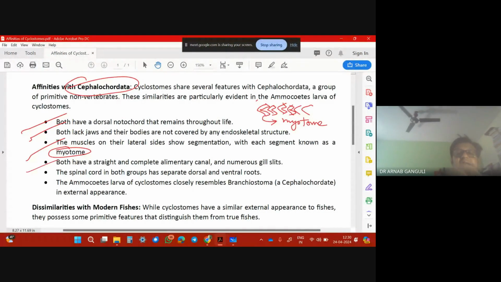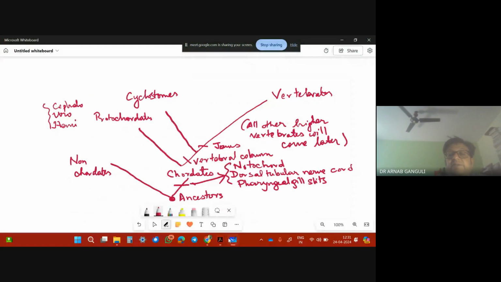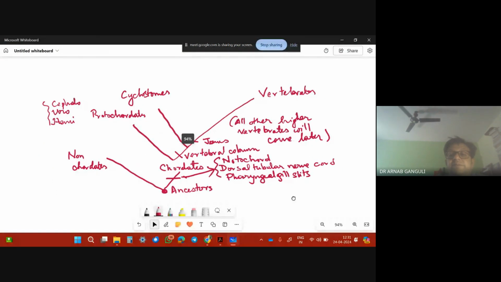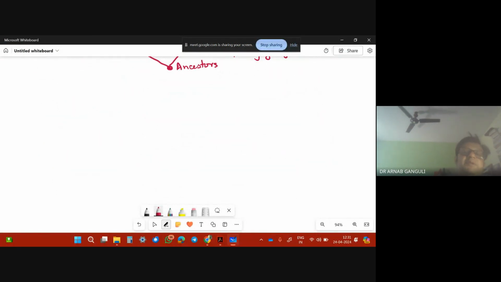Both have a straight and elementary canal system. So you have the pharynx, intestine, and there is no stomach. Directly it goes to a stomach-like region. There is a diverticulum over here. I have drawn this wrong, I'll draw it properly over here. For example, the pharynx.